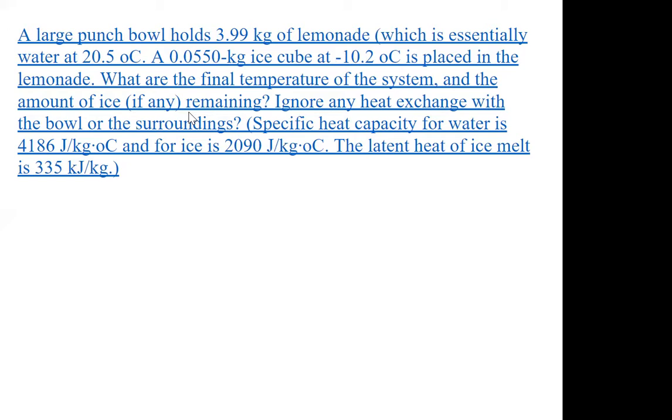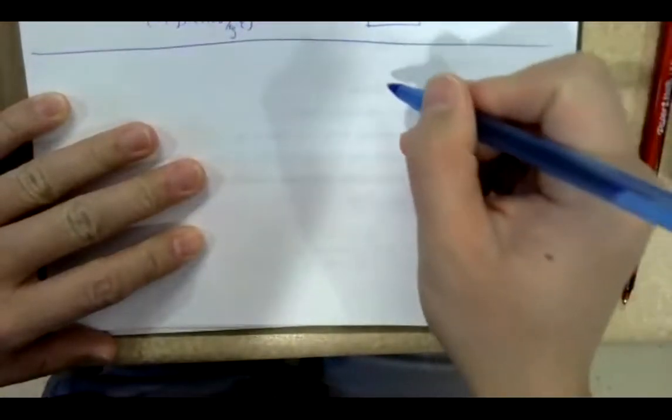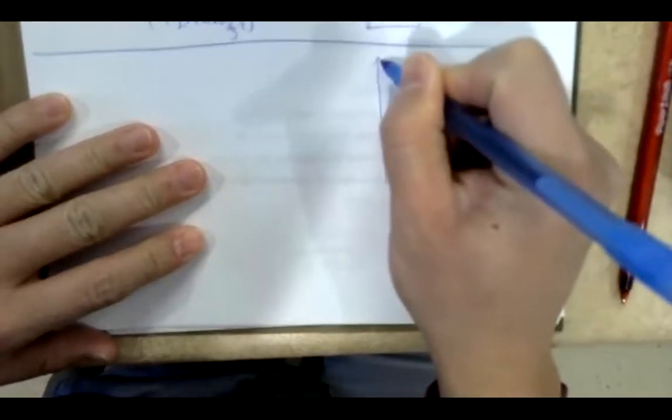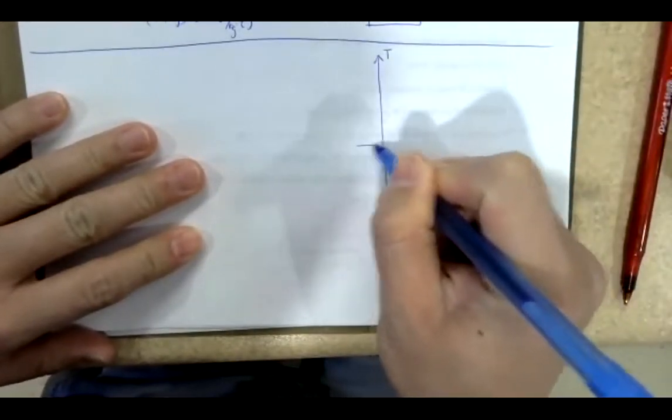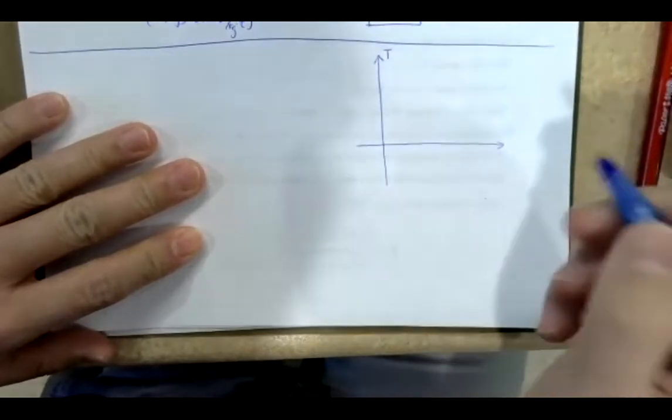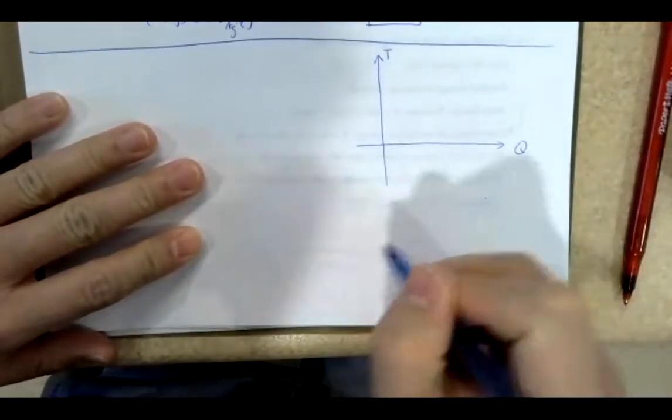In this scenario, it's a little bit more complicated than the previous case, right? Now you have an ice and water mixture. Let me give you guys a head start on this. Again, you can draw temperature as the vertical and heat as the horizontal here.